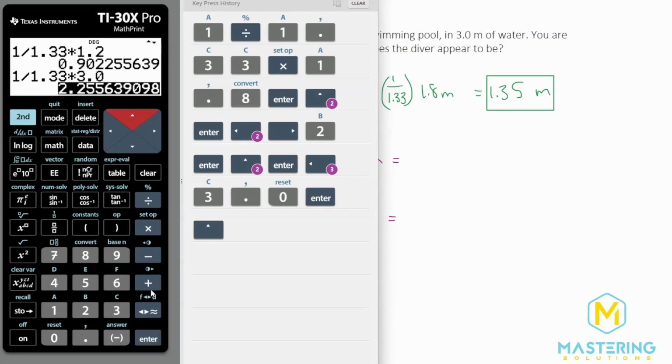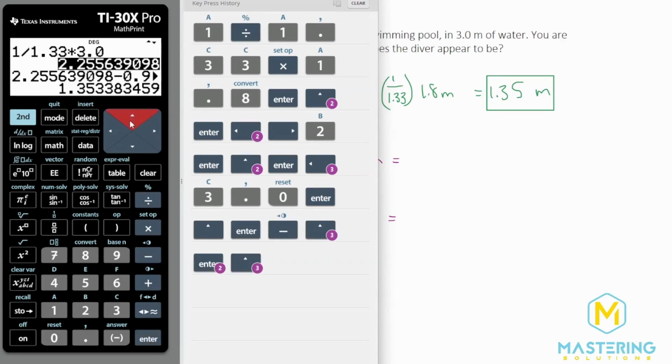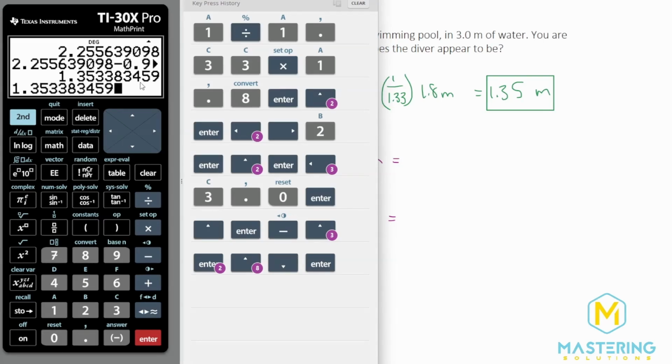If you see here, if I don't round it at all, it is the exact same as the answer that we got for the short method. There is no difference out to 1, 2, 3, 4, 5, 6, 7, 8, 9 digits, right? So it is the same. They are 1.35 meters tall in the water.